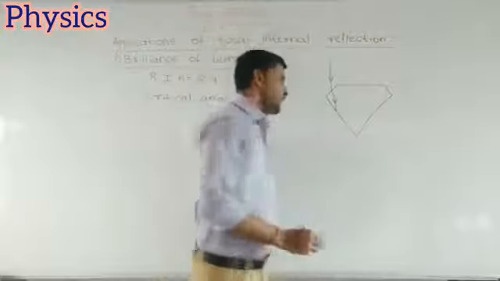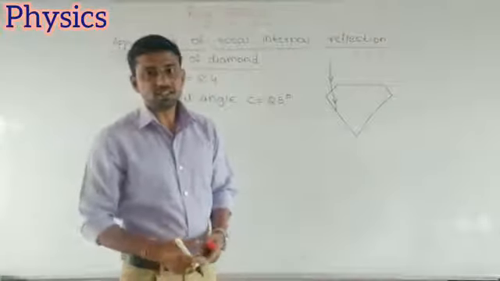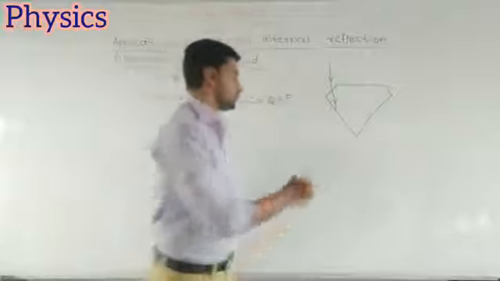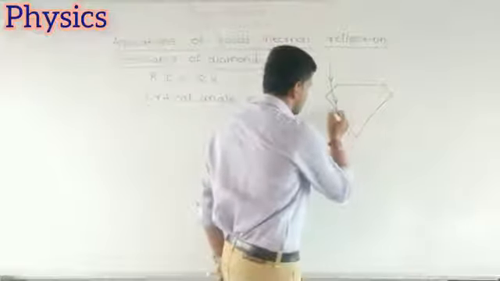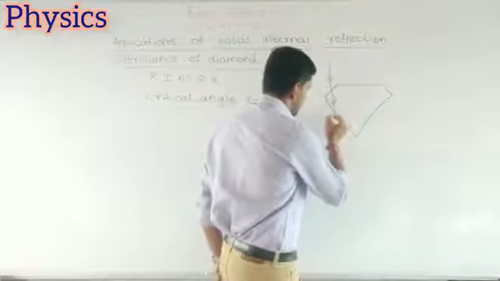Suppose I draw a normal here. If the angle of incidence is greater than the critical angle, then the incident light will undergo total internal reflection like this. Again, this is the incident ray for this surface. Suppose I draw the normal again.